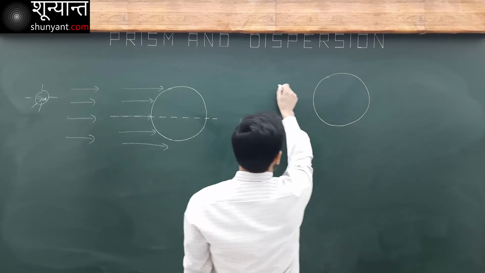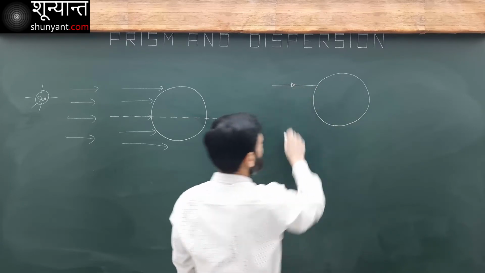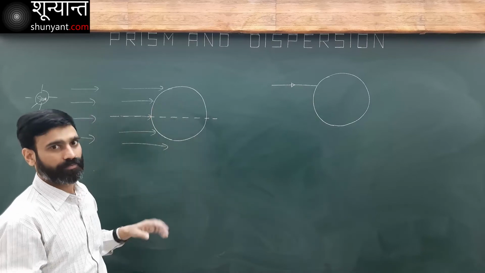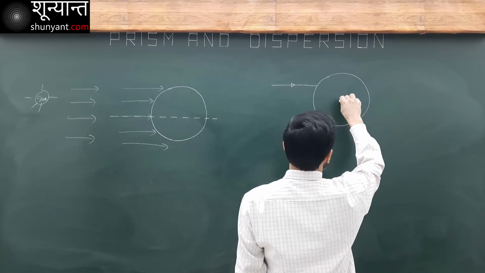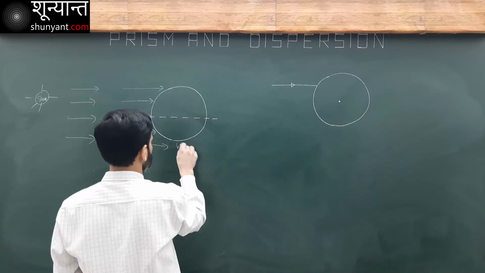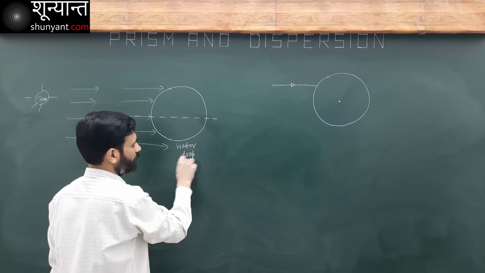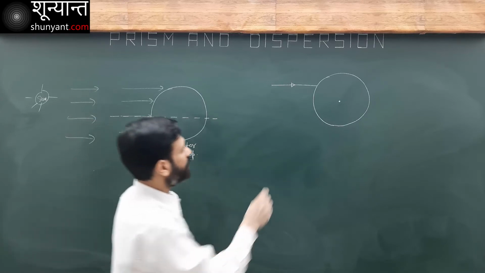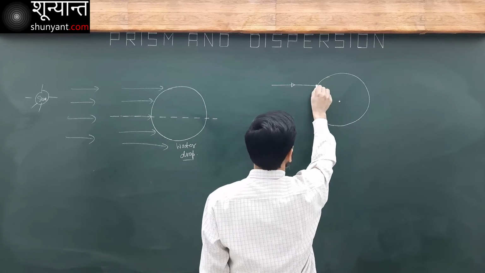A light ray hitting here, like this, on the upper portion of this water drop. Now, the moment it hits this water drop, it is going to enter the water drop. This is my original path.